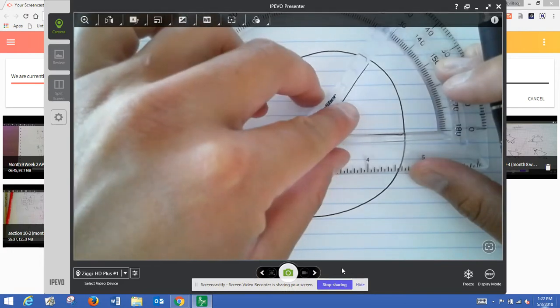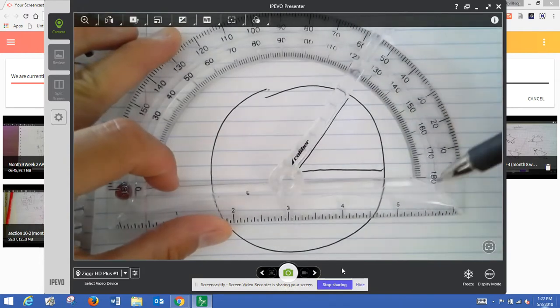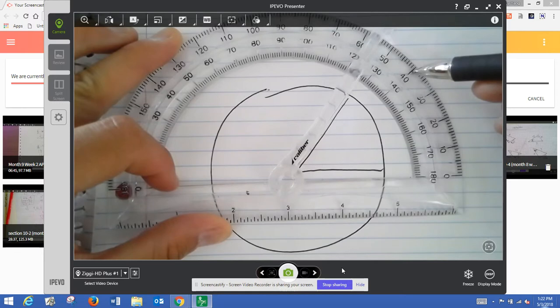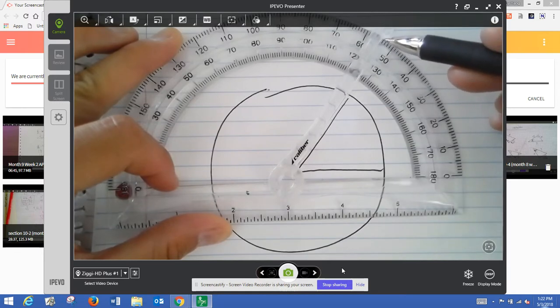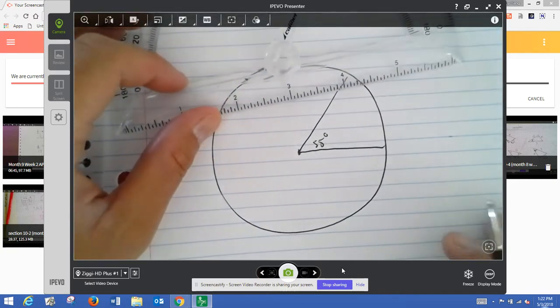So that is about right here. How many degrees are we looking at? This is 0 degrees, 10, 20, 30, 40. How many degrees are we looking at? 55, right? Okay, so you can write that in yours.